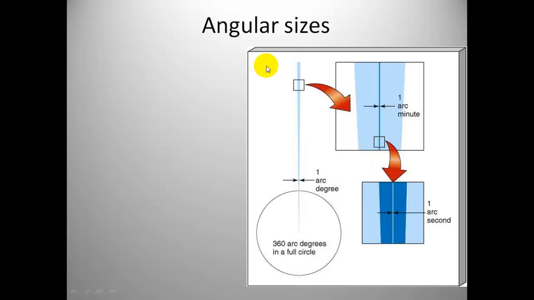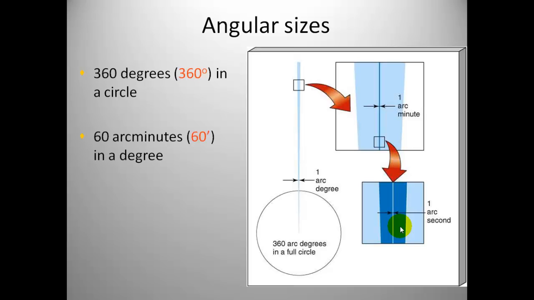Since we're going round a circle, these are minutes of arc or seconds of arc. So there are 3,600 seconds of arc in 1 degree. We need to be aware of these very small angles. So there are 60 arc minutes in a degree, and there are 60 arc seconds in an arc minute.